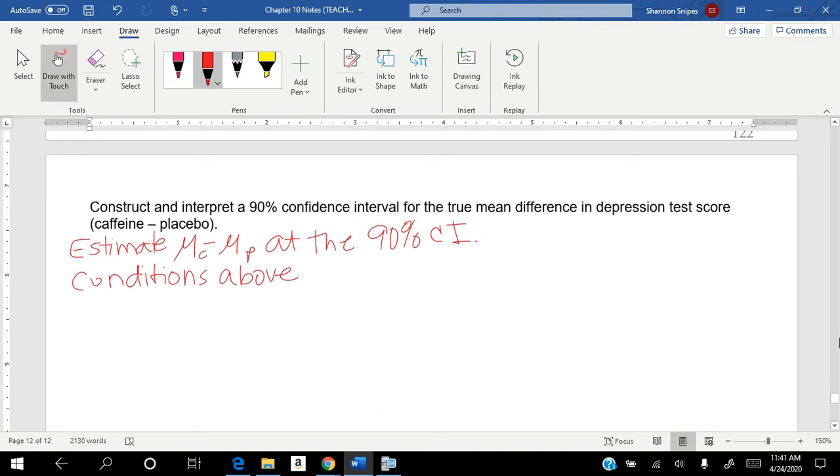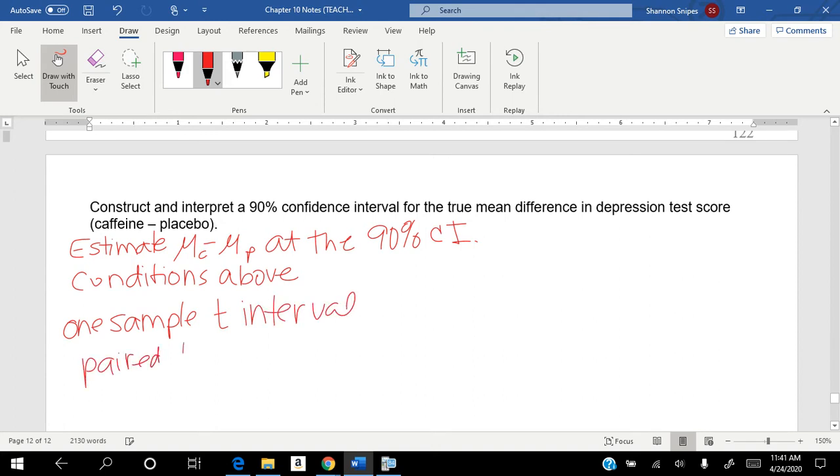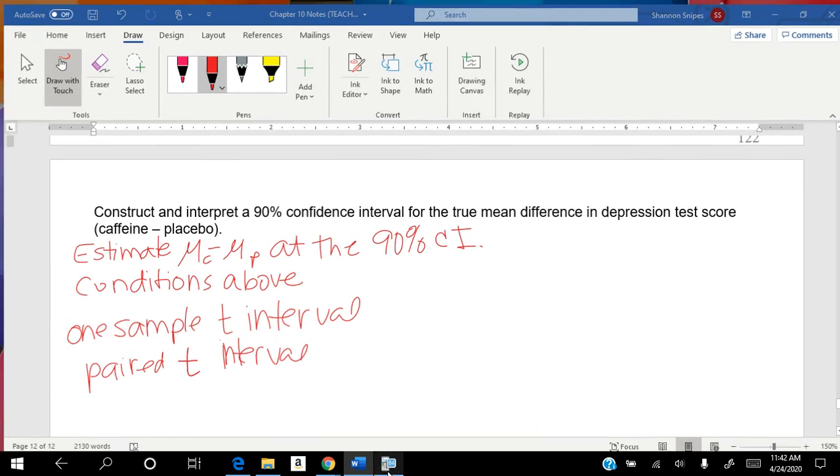And so we're going to do a 1 sample t interval. Or you could do a paired t interval, both of these are right. Okay, so let's go find that on our calculator.